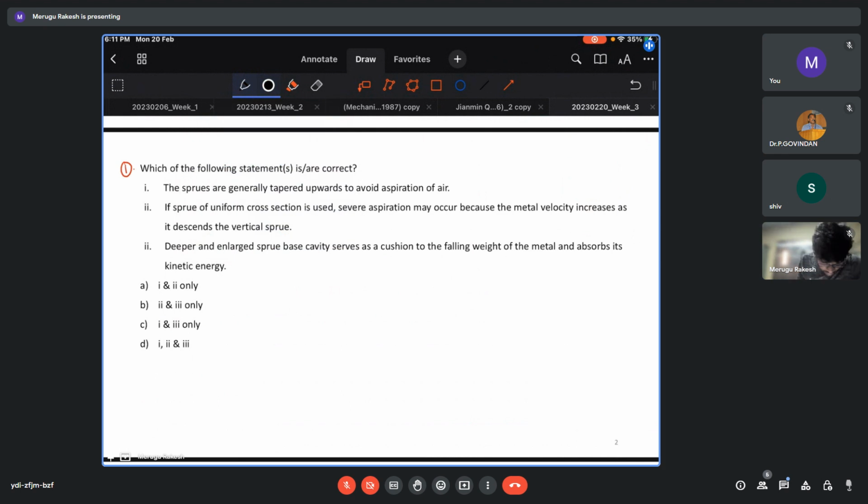So let me draw the gating elements. Then we can discuss. Okay. So this question is related to this.